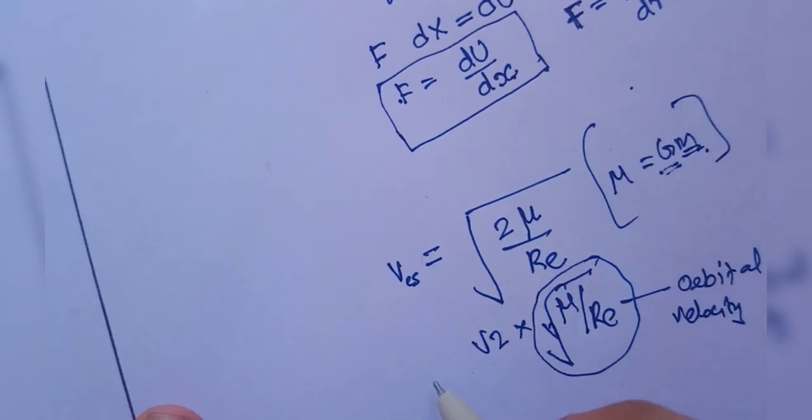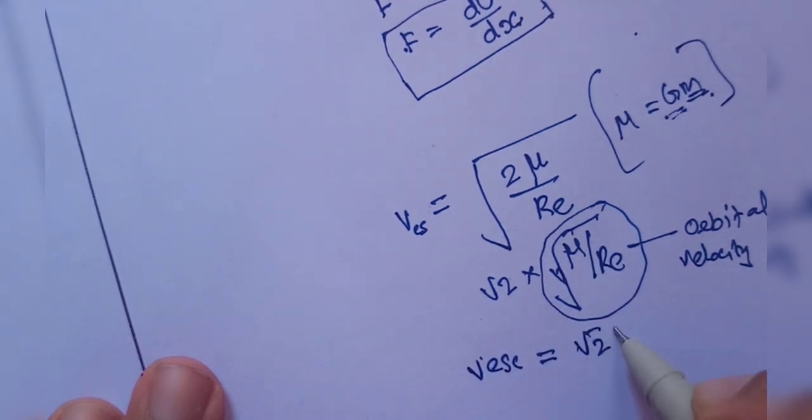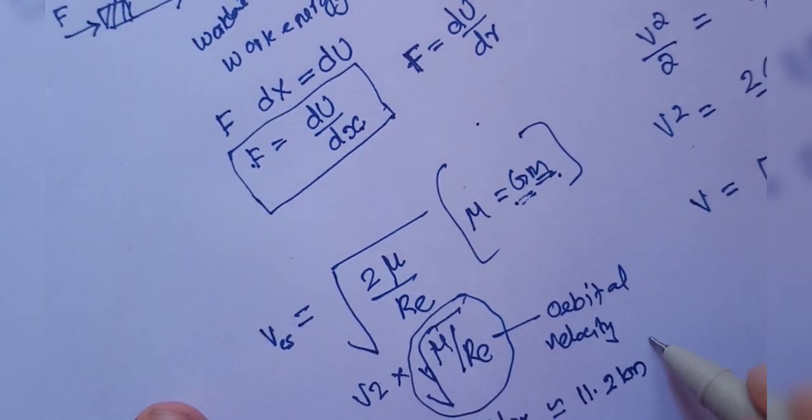So you can write again your v escape should be equal to root 2 times v orbital, v_or, we can write. So this comes around 11.2 kilometers per second.